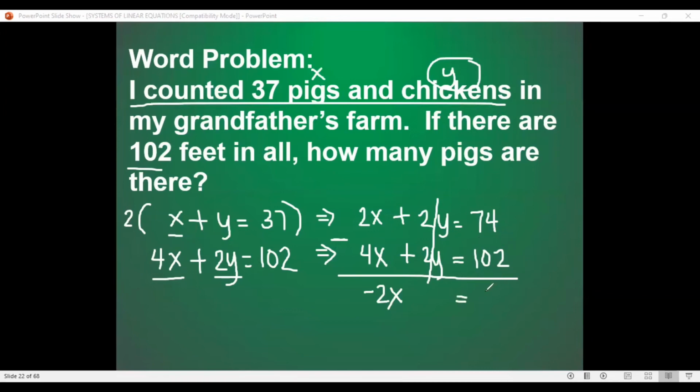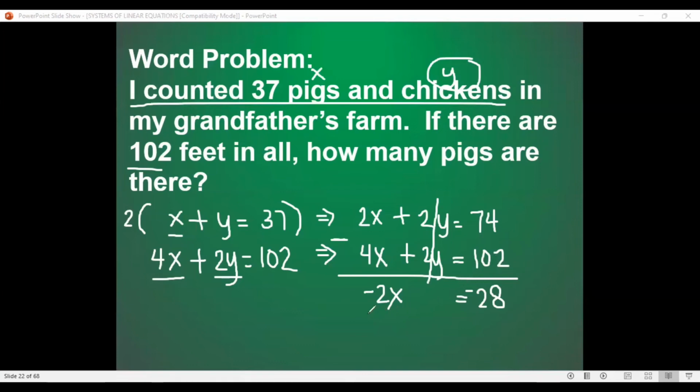The answer that you will be getting here is negative 28, because we are subtracting 74 minus 102.